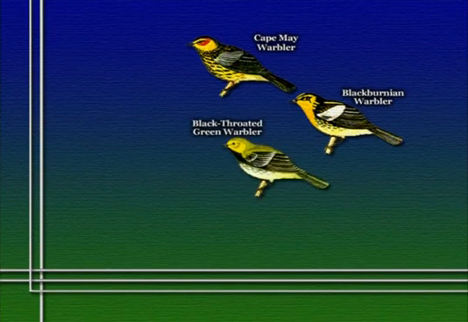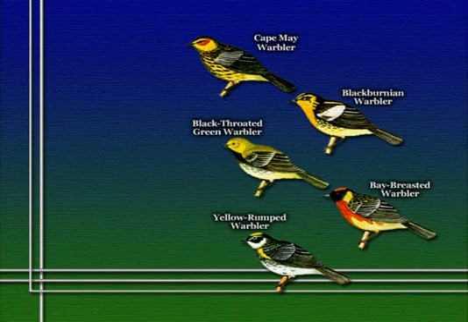The 5 species that we're interested in, though, are the Cape May warbler, the Blackburnian warbler, the black-throated green warbler, the bay-breasted warbler and the yellow-rumped warbler. If you're a bird watcher, you know these names are wonderful, and they often more or less describe what the bird is colored as. Now, the interesting thing about these 5 species of Dendroica warblers is that they live in a very specific kind of habitat, and they appear to actually eat pretty much exactly the same kind of food.